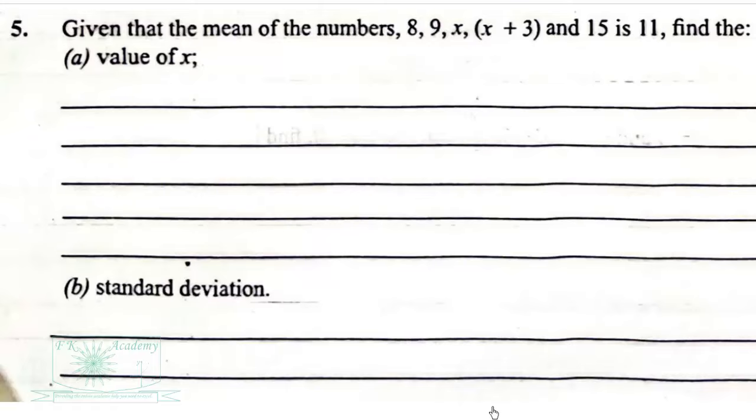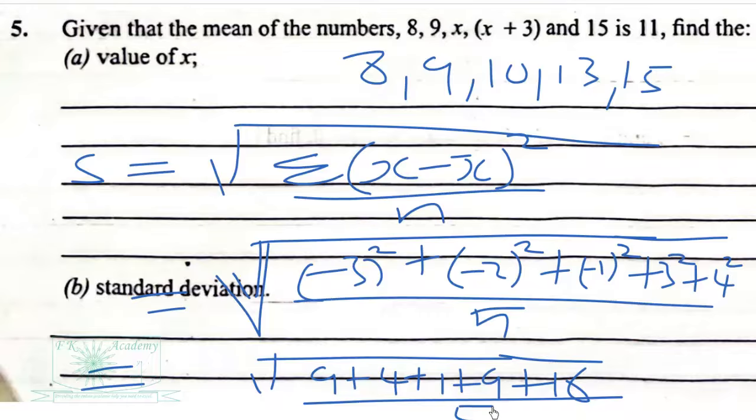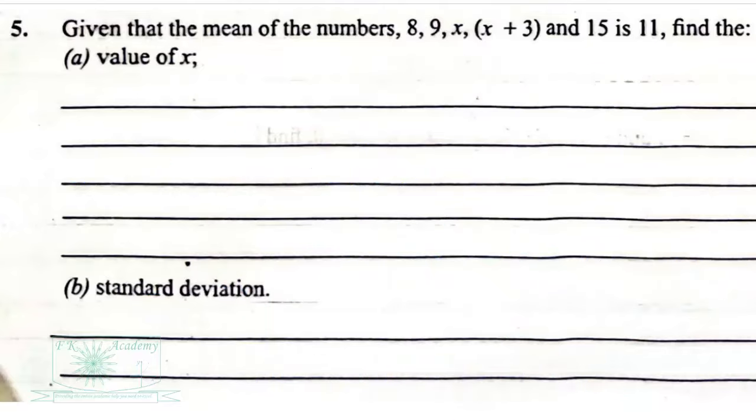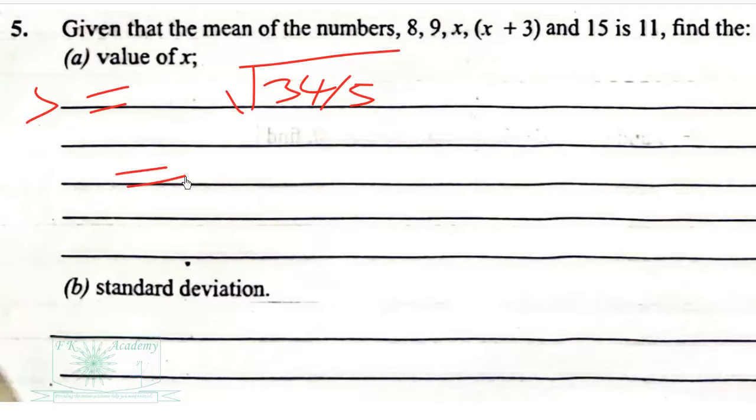Sorry, this is supposed to be 2 squared. 30 minus 11 is 2, so this is supposed to be 4. So the whole thing will simplify to the square root of 34 over 5. So that is the standard deviation. In decimals, it will be 2.61.